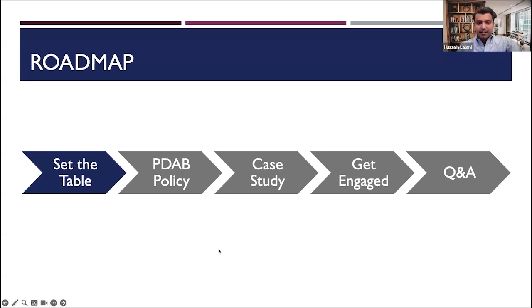We'll have a case study that helps us to illustrate some of this as a real example, and then share some resources for you on how you can get engaged. And last but not least, to take your questions. So please do collect your questions and save them for the end, and looking forward to answering those shortly.